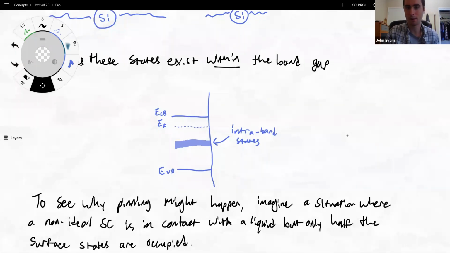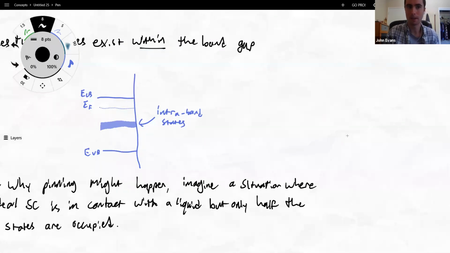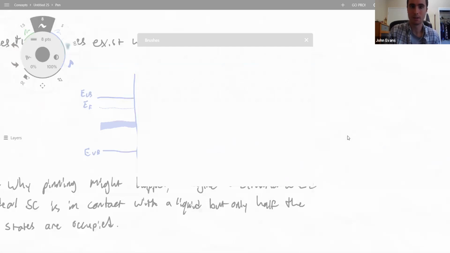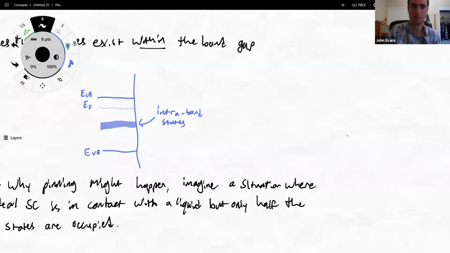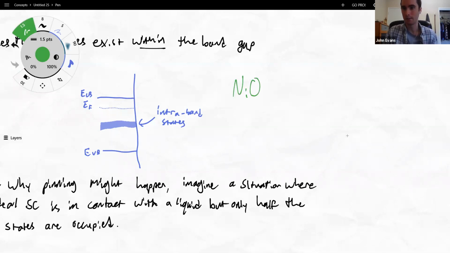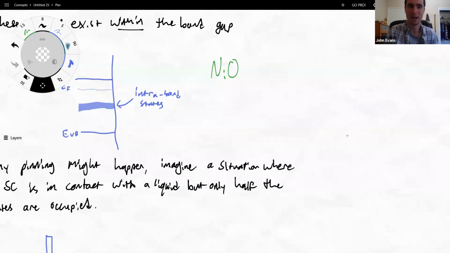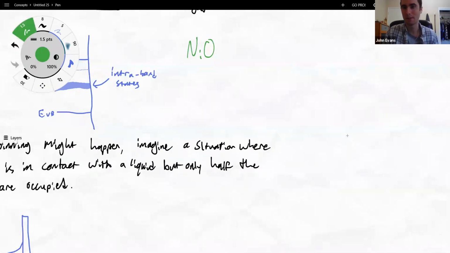So a lot of my undergrad work was working with nickel oxide, which is sort of famous for its defects. What would happen frequently when you synthesize a nickel oxide film is you'll have a nickel and then an oxygen, right?